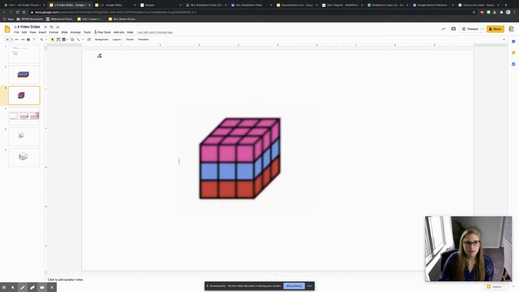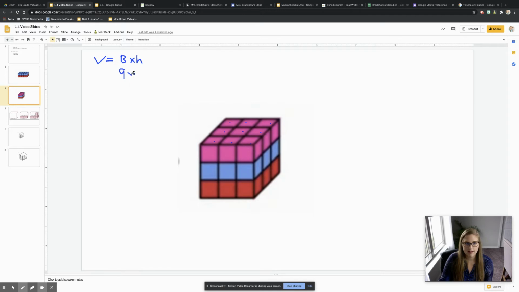So I'm going to solve volume equals base times height first because that's the way we've been doing it. So my base, I know that it's all the same, so I'm going to count it from up here. I have 1, 2, 3, 4, 5, 6, 7, 8, 9. So my base, one layer, is 9 cubes.